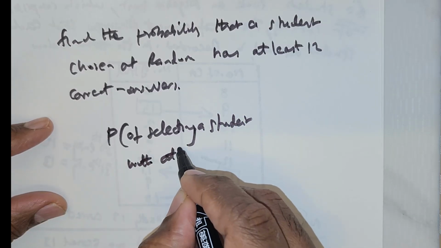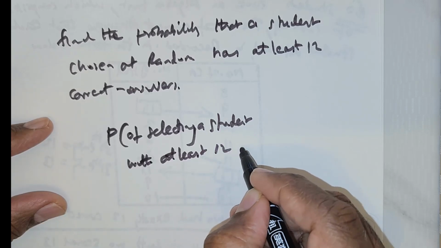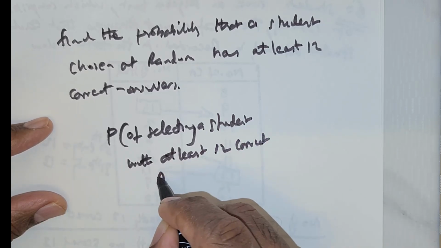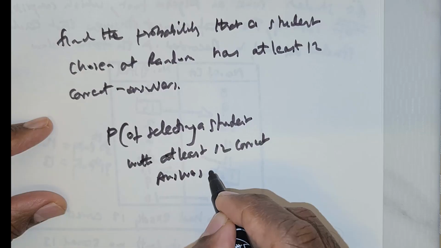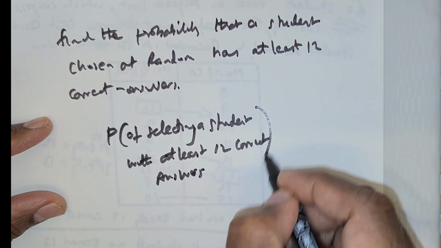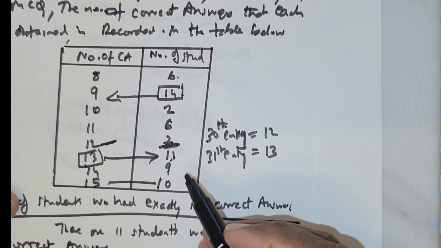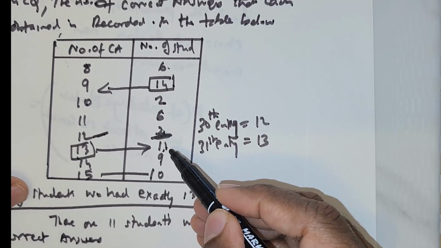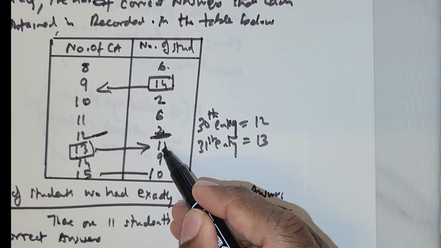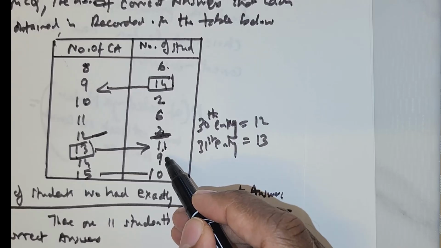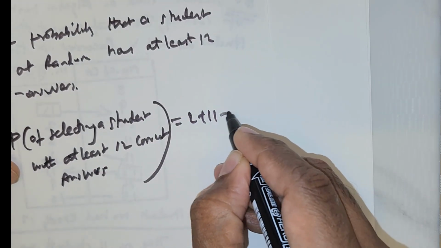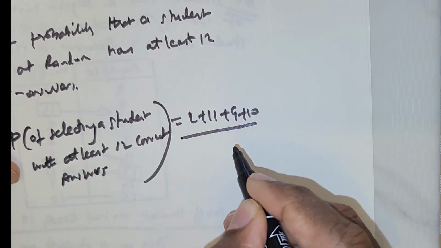So the probability of selecting a student with at least 12 correct answers is equal to, you need to add these values. 2 plus 11 plus 9 plus 10, divided by number of students, which is 60.